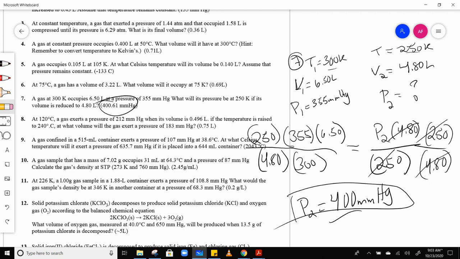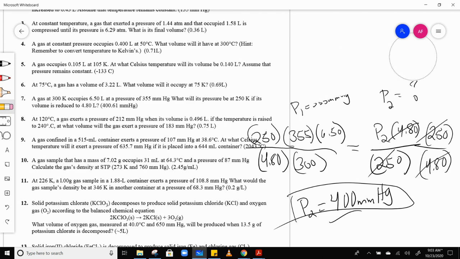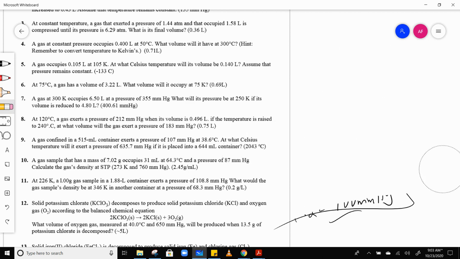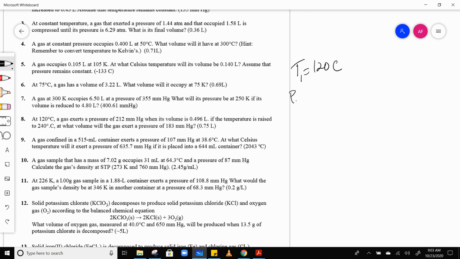Okay, next. Two more. We've got 2 more. Number 8. At 120 degrees Celsius, so T1 is 120 degrees Celsius, a gas exerts a pressure, so pressure 1 is 212 mmHg, when its volume is 0.496 liters.